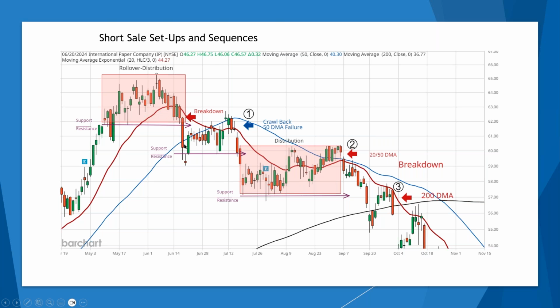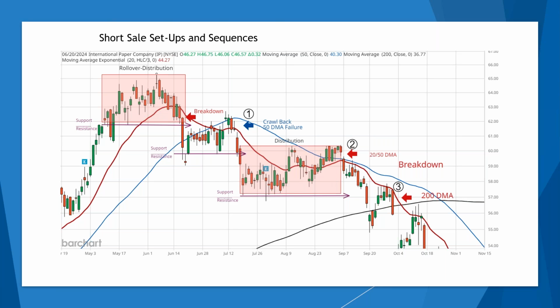And then what does the market do? Well, it tries to recapture this 50-day moving average. This is a very common attribute of this transition from an uptrend to a downtrend, this little recapture segment of a price movement.